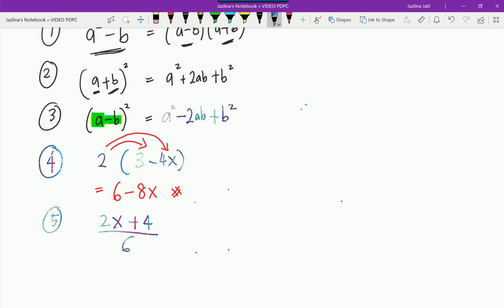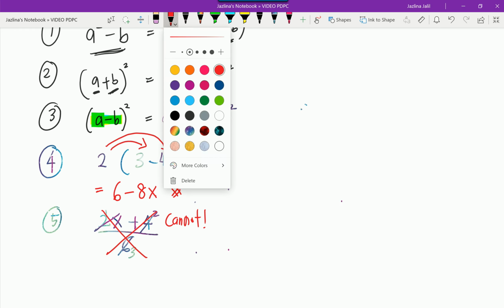My student loves to simplify like this. Can it be like that? No, totally wrong. You cannot do like this.